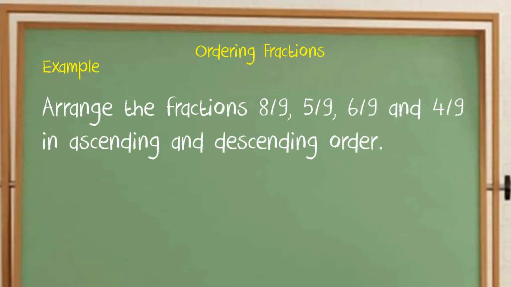And the rule said when they have the same denominators, we look at the numerator and arrange them accordingly. So we're going to start with arranging them in ascending order. Boys and girls, which fraction you think would come first? Remember, you are looking at the numerator. So the smallest number would come first.